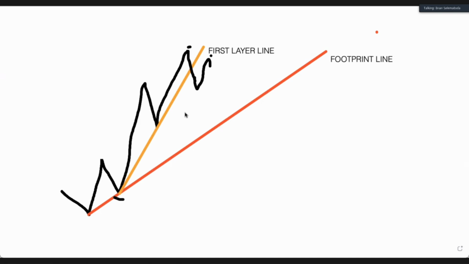I find a lot of people saying, okay, I've implemented the footprint very well. I drew the footprint line, I drew the first layer line, the market broke, but I'm not seeing any divergence where the market is overbought.